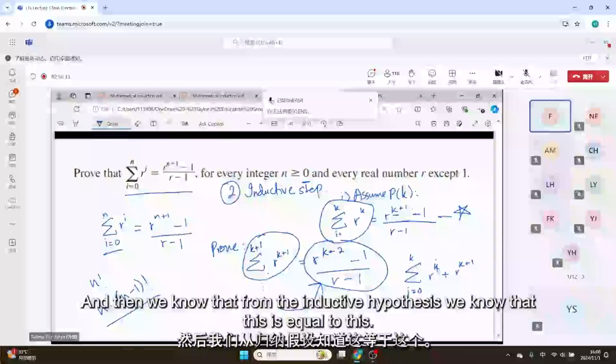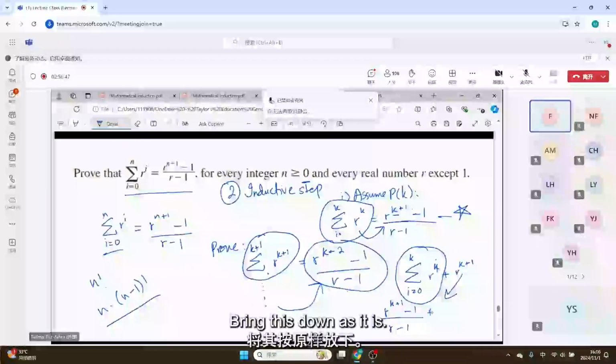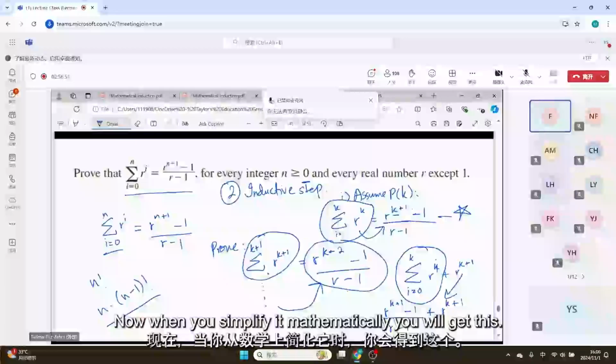And then we know from the inductive hypothesis that this is equal to this. So substitute it, and bring the other term down as it is. Now when you simplify it mathematically, you will get this.